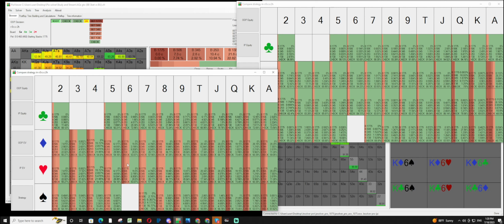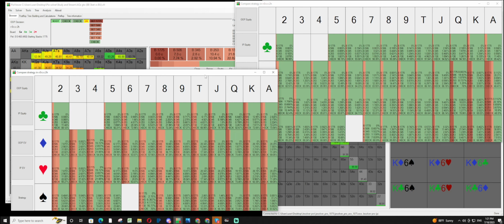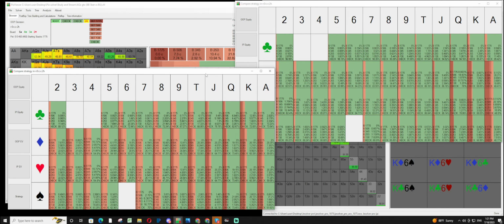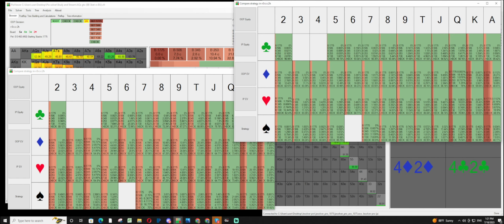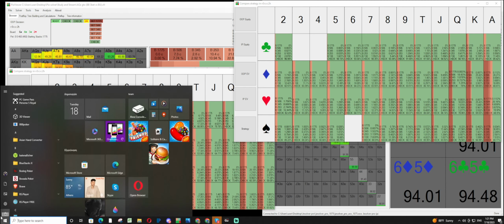In the GTO solution, there are some runouts where you have, let's say, a decent frequency of betting, of delay c-bet. So you can delay c-bet a lot more against a guy who is playing normal GTO check-back ranges on the flop. But versus a guy who's understabbing, when you check the flop, you should probably just check the turn as well. That's it.